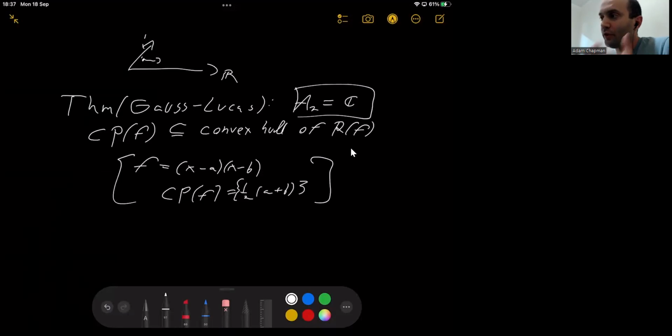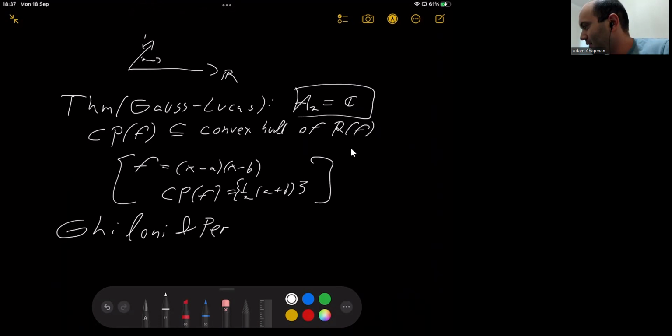So now, we were not the first people to consider this theorem, fortunately, because it's more interesting to study things that have been studied by other people. So fortunately, Giloni, I hope I'm pronouncing the names correctly. So Giloni and Perotti in 2018, perhaps a little bit earlier, but it was published in 2018, doesn't really matter.